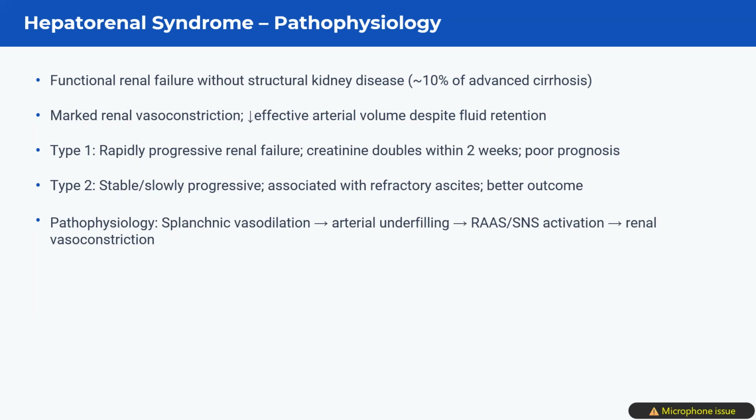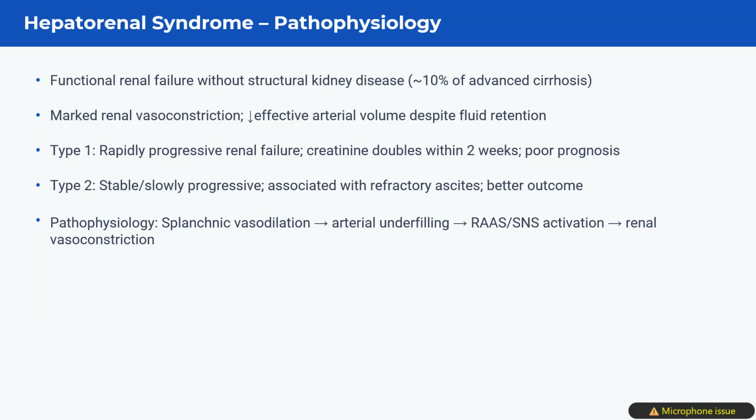So in this sequence, splanchnic vasodilation from nitric oxide and the inflammatory mediators is triggering arterial underfilling, say in the renal artery. So that effective blood volume is decreased despite fluid volume overload. This RAS and sympathetic nervous system activation is an attempt to restore perfusion.